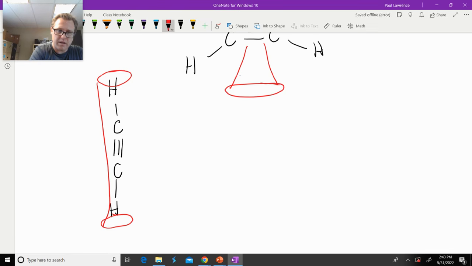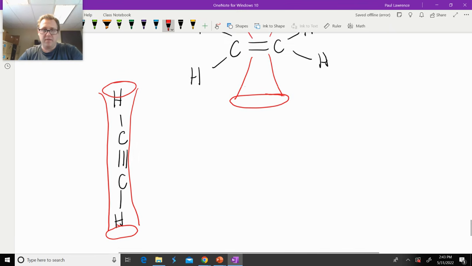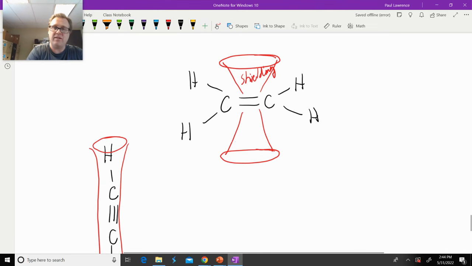That's not the best way there. And so where's that hydrogen on the alkyne? Do you see how the hydrogen itself is in the shielding cone? Whereas on the alkene, the hydrogen is on the outside of the shielding cone.